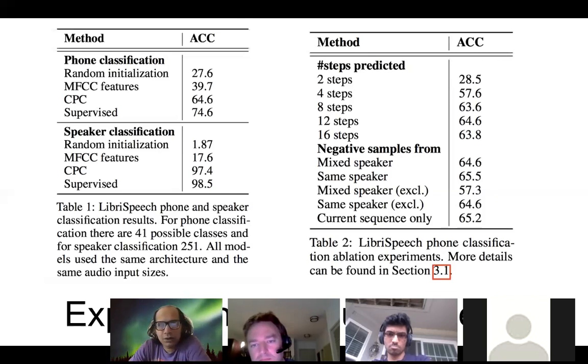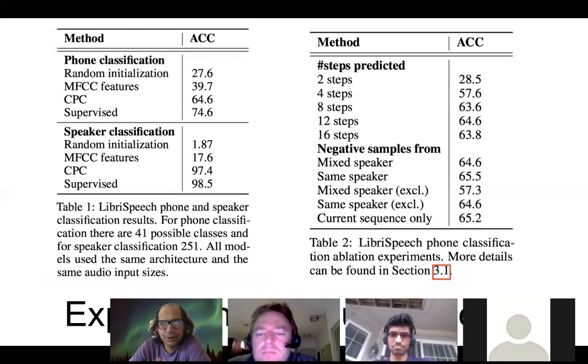And also they have tried to pick negative samples from different structures. That means mixed speaker, same speaker. Mixed speaker means they have tried to take negative samples from all of the different speakers, including the current one.